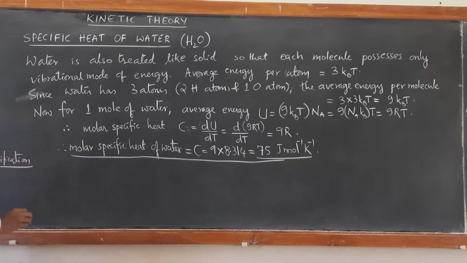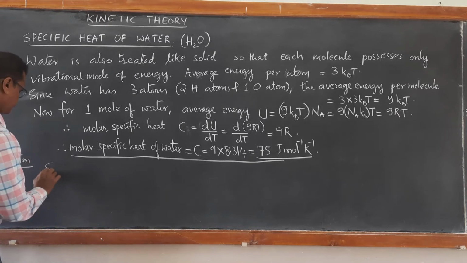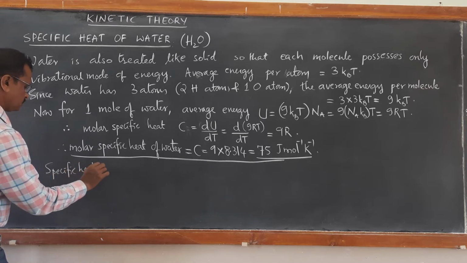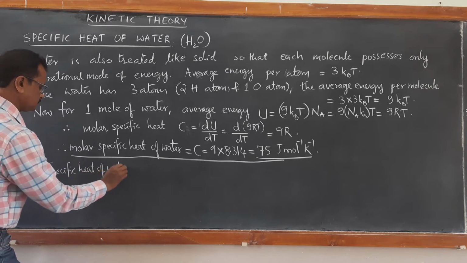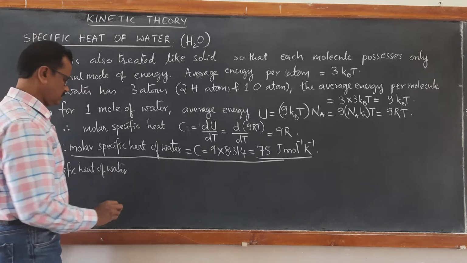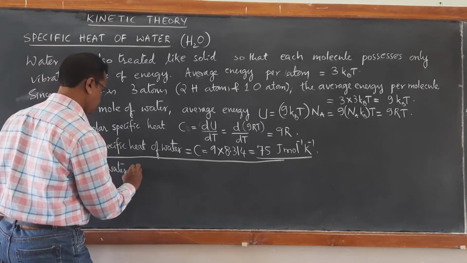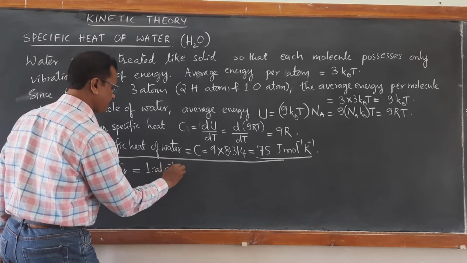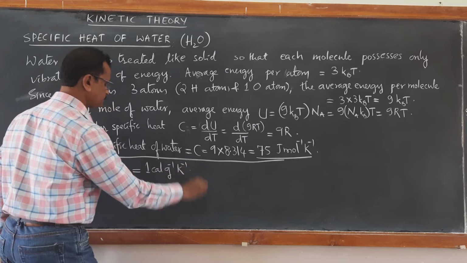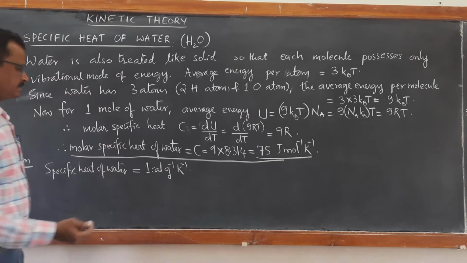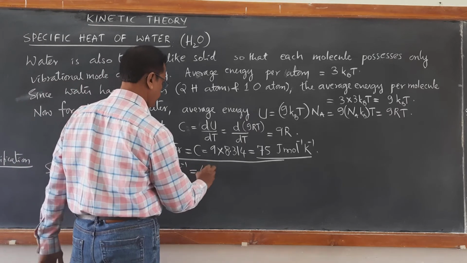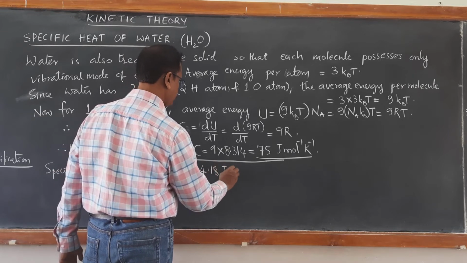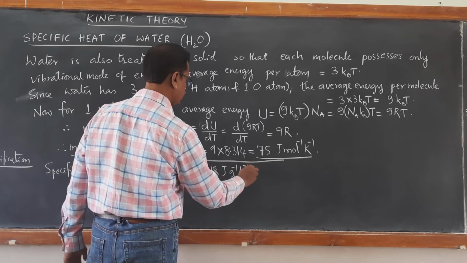Verification for the gram specific heat of water: the specific heat of water per gram is 1 calorie per gram per Kelvin, and 1 calorie is equal to 4.18 joule.